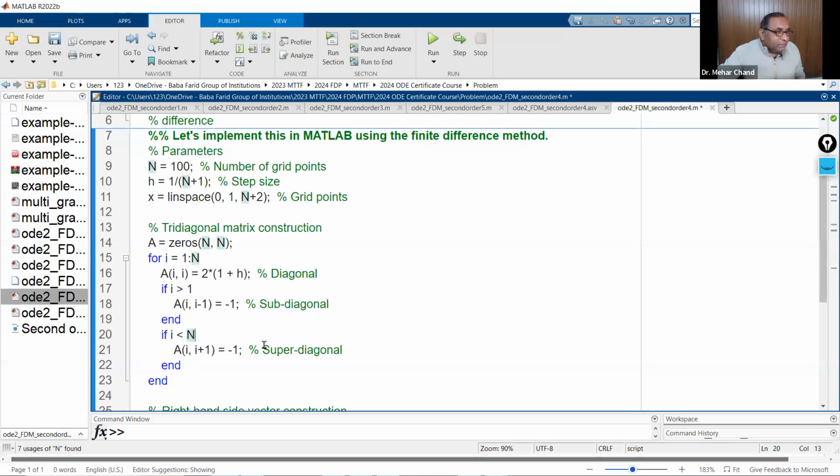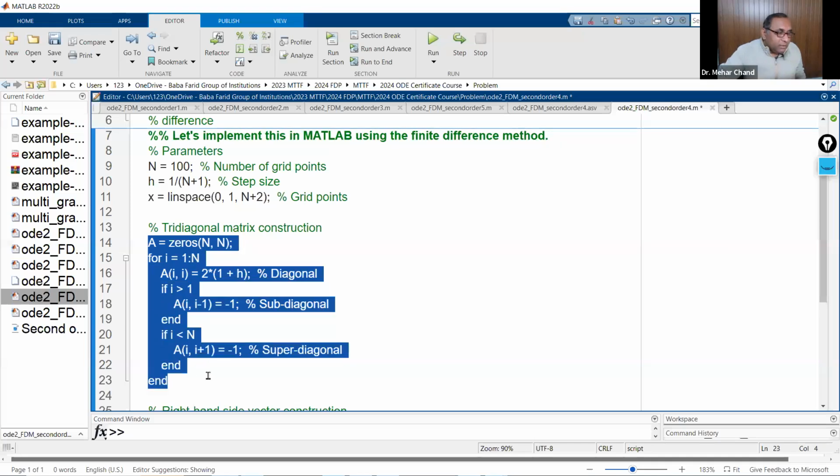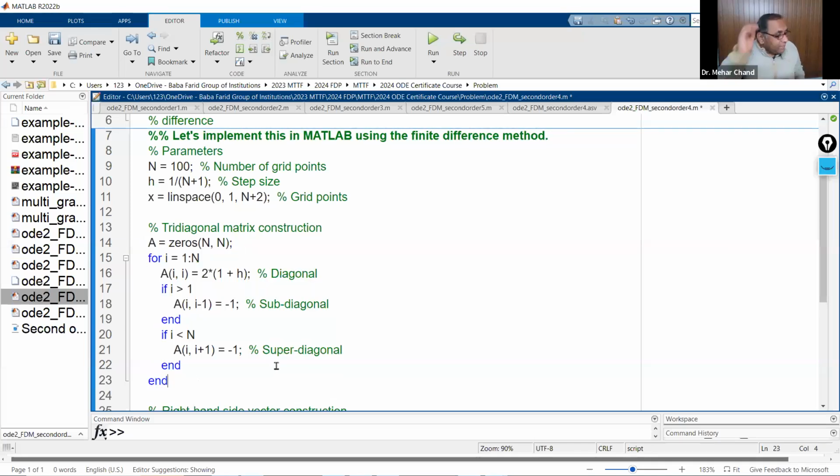And also again, if we have I less than n, these will be the coefficients or the elements of the matrix which are above the diagonal. Okay, so these are the super diagonal elements. So all the elements in the matrix can be expressed in this way.